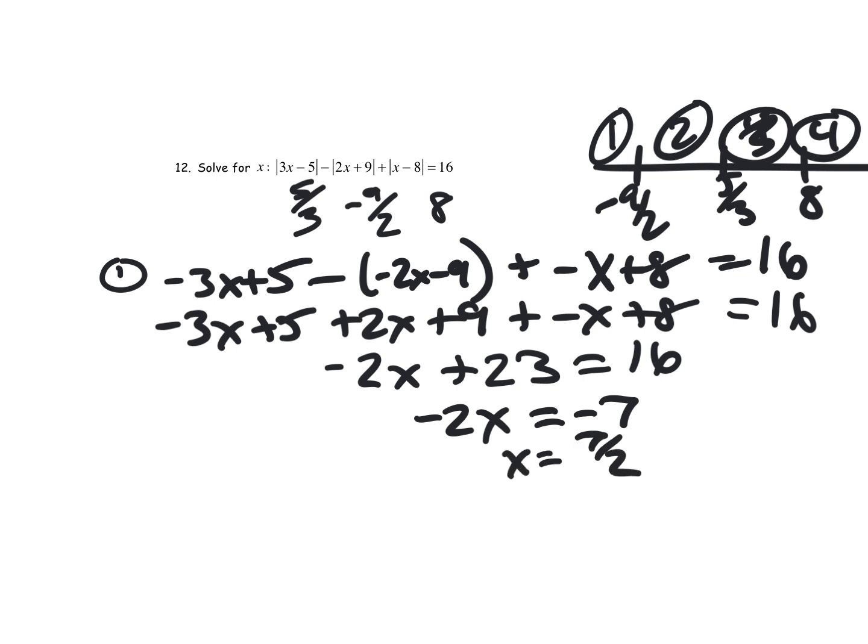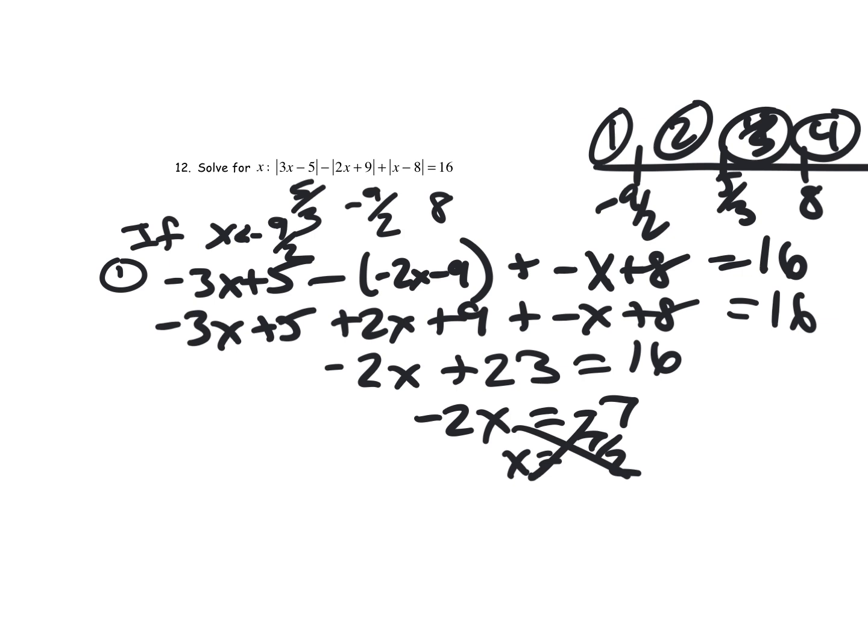And so the question is, I should have written, always write what that restriction is, less than -9/2, because that's important. So 7/2 certainly is not in that restriction of less than -9/2. So there is no solution from that piece.